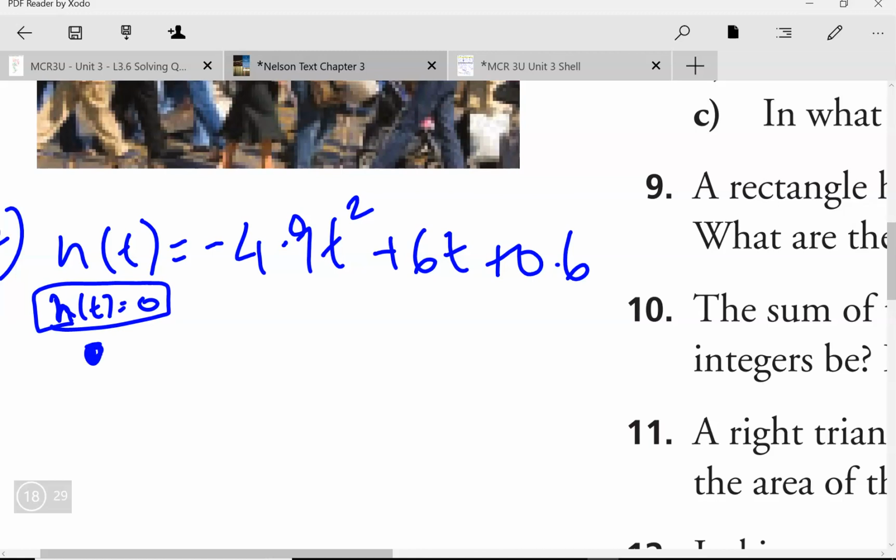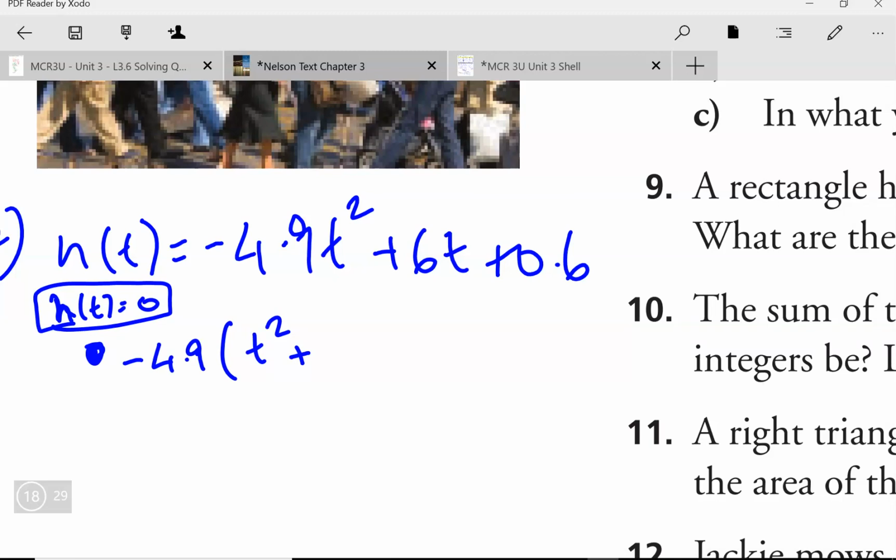So we're going to first say that negative 4.9 t squared plus, what is 6 divided by 4.9? I need a calculator. Calculator. 6 divided by 4.9.